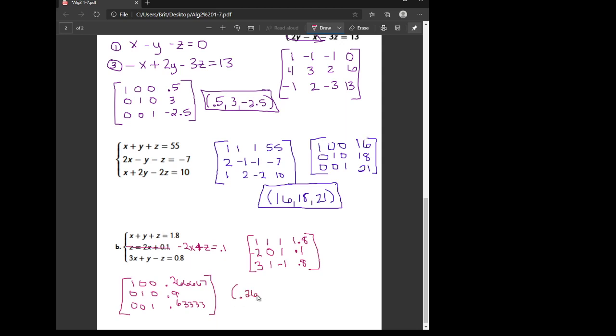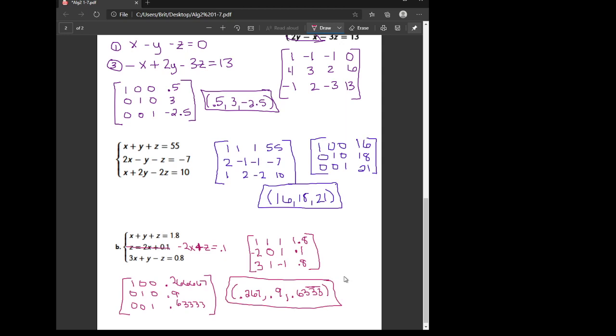So I'm going to write this as 2.67. Okay, I'm going to go to the 1000th place because I feel like that's enough detail on this. Put a 33 on there. There we go. So this would be my solution.